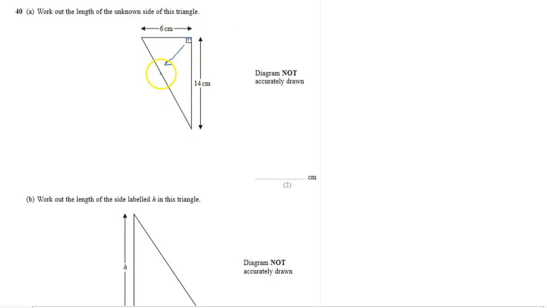To find this bigger side, you square these two sides and add them. So we square this side and we square this side. That is 36 plus 196, so that is 232.